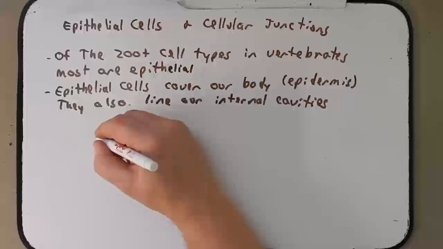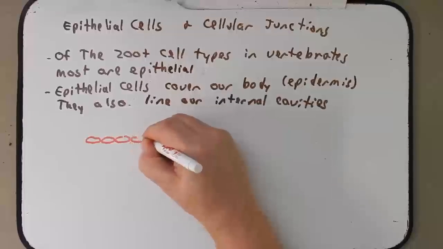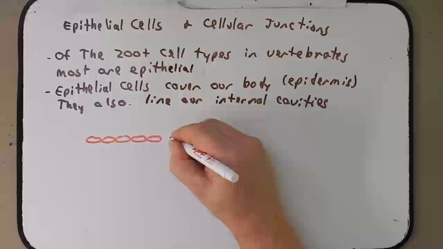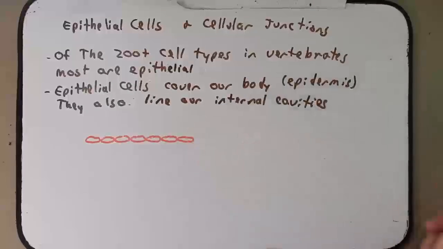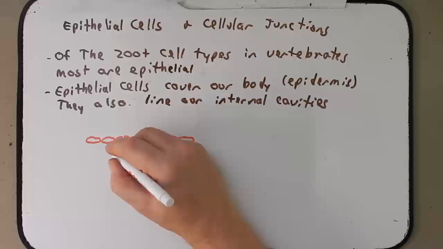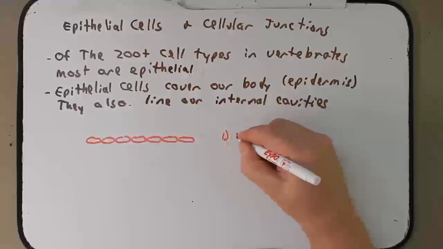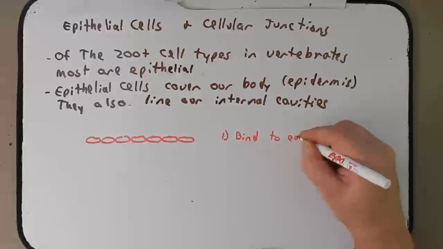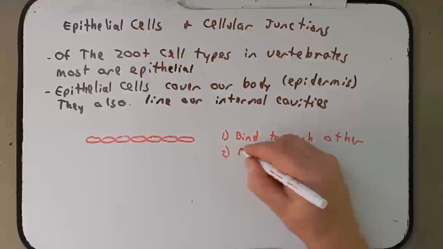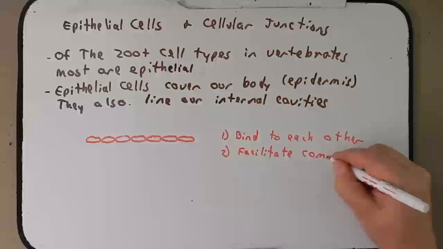So these epithelial cells, they must bind with each other in a way similar to this. They can take on many different shapes and sizes, but for now I'm just going to draw them as this single layer of cells. So cells within the epithelium must, as I just said, bind to each other. They facilitate communication.